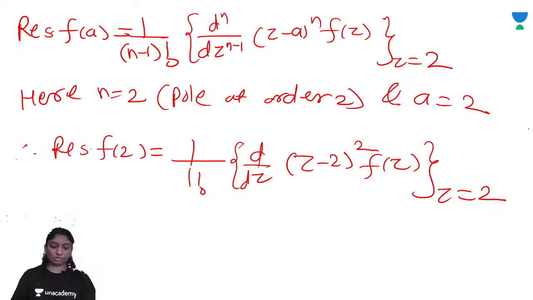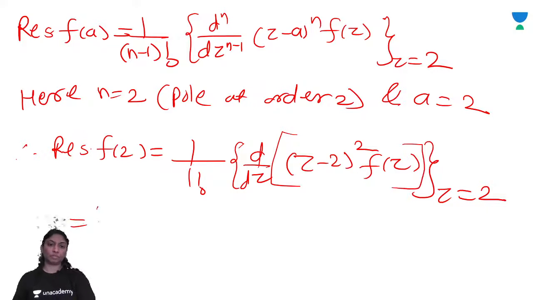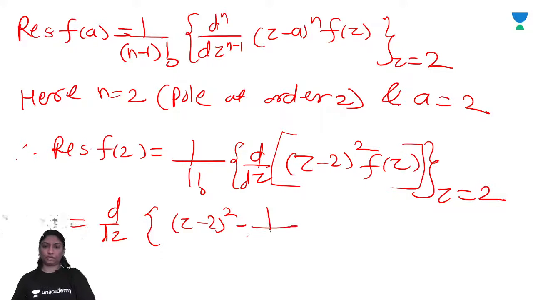Okay, so you will get here 1 upon 1 factorial, d by dz of (z minus 2) bracket square into f of z, which is 1 upon (z plus 2) bracket square into (z minus 2) bracket square.